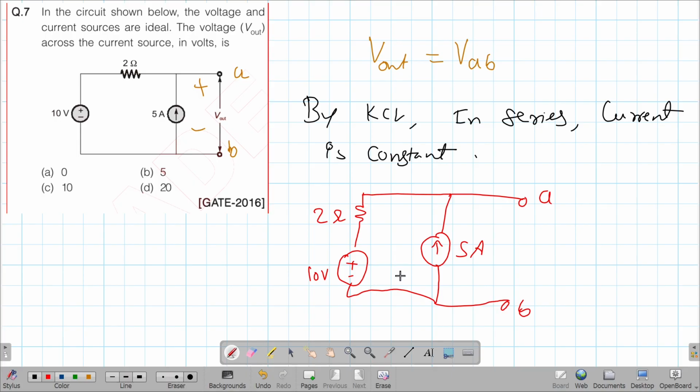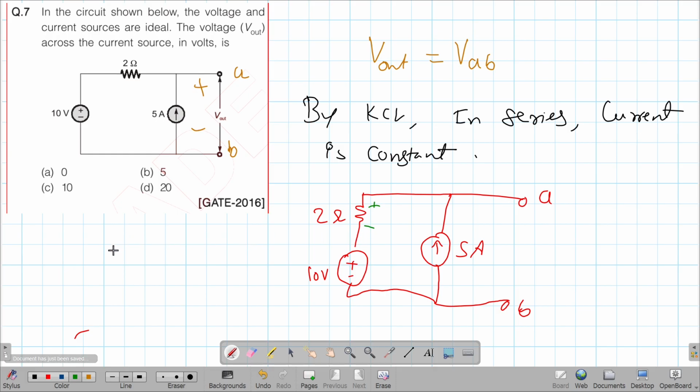Okay, now let's calculate voltage across 2 ohm resistance. So when 5 ampere current enters into the resistor, then the entering terminal become positive and leaving terminal become negative.